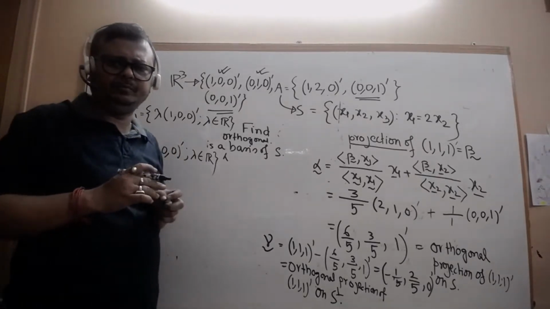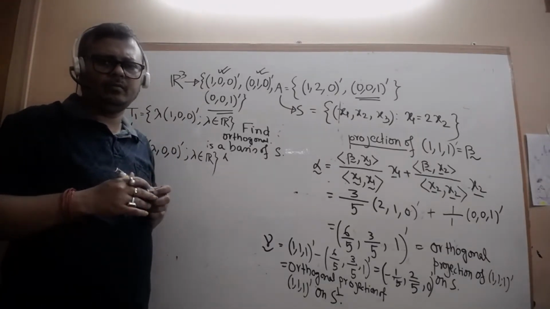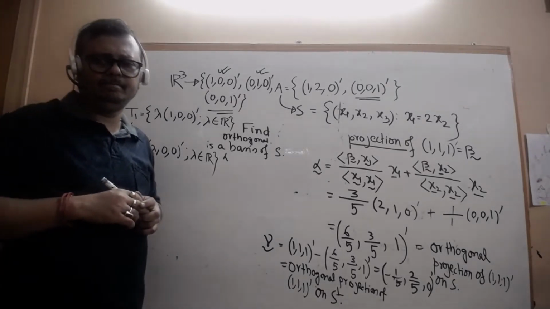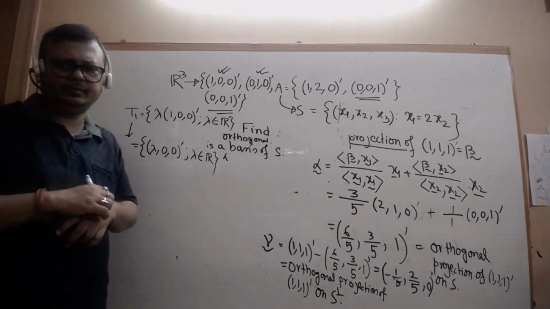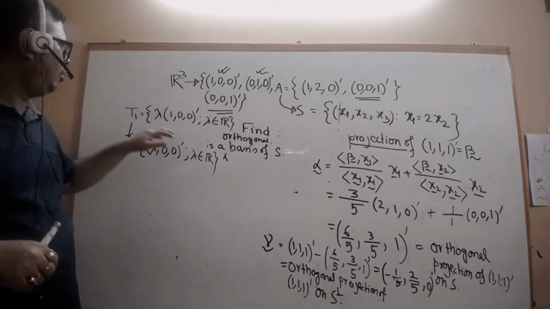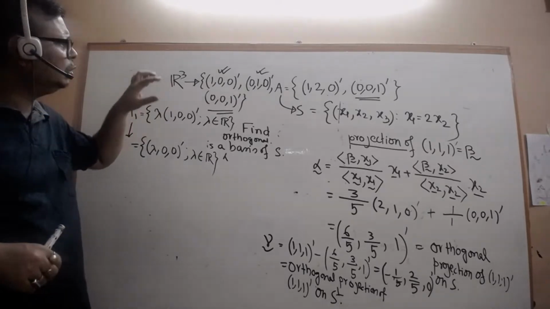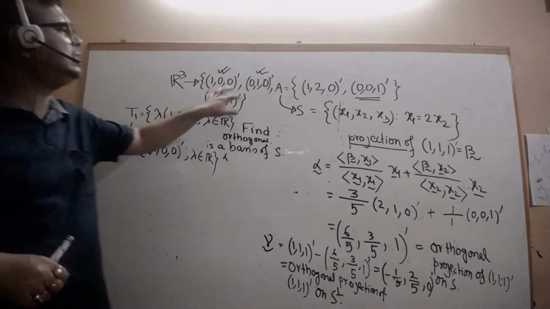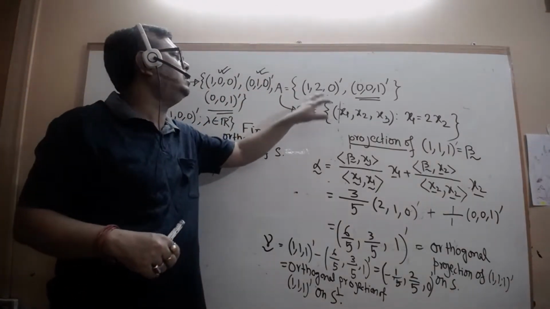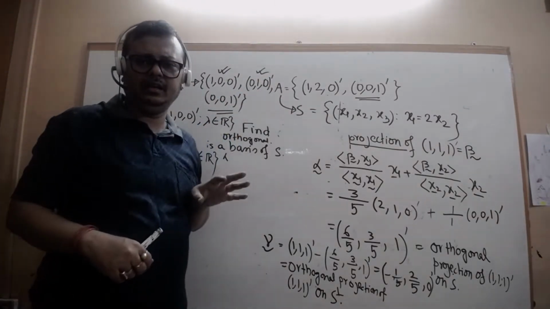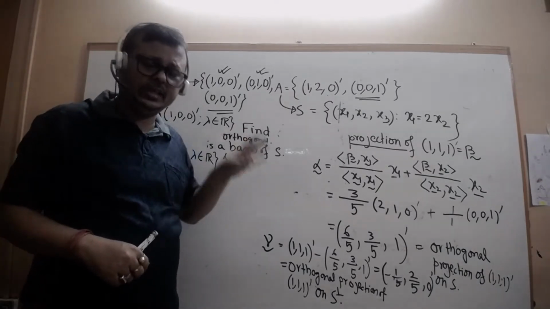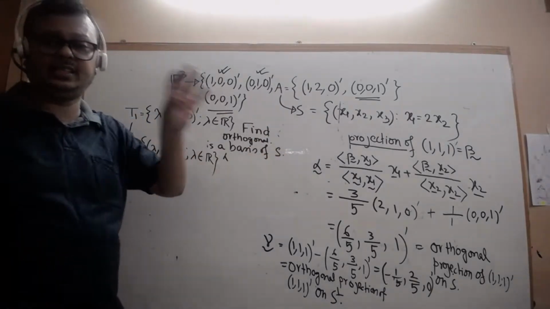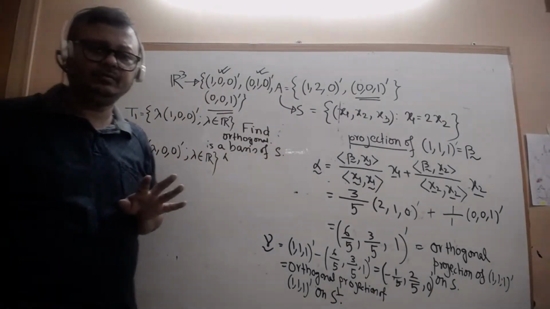Clear or not? Tell me. For constructing T1, you collect those vectors from the basis of R3 which cannot be written as a linear combination of the basis of S. Clear? Tell me.